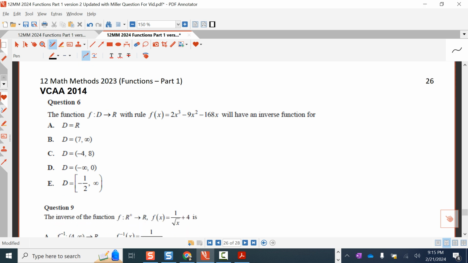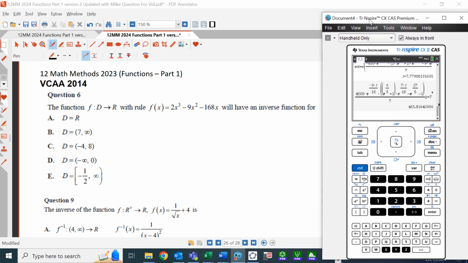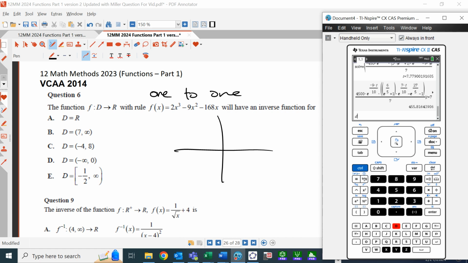Okay, oh yep, okay. This one here, we will use some CAS for this. What we need to be aware of is that when we invert it, it has to be one-to-one. So I'm going to do a quick and dirty sketch of this. I'm going to define f of x equals 2x cubed take away 9x squared take away 168x.